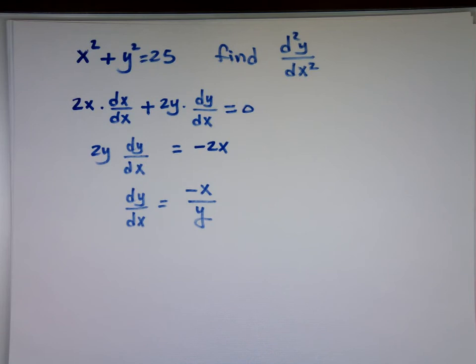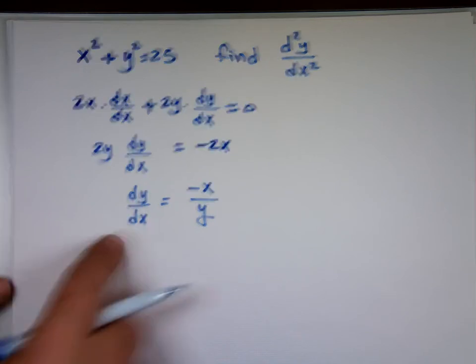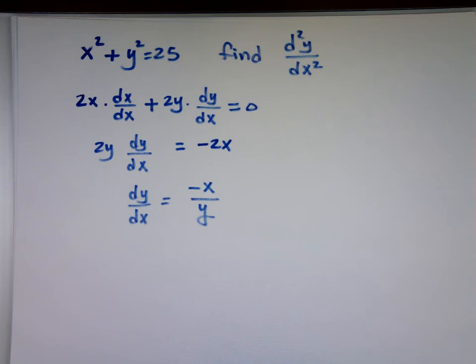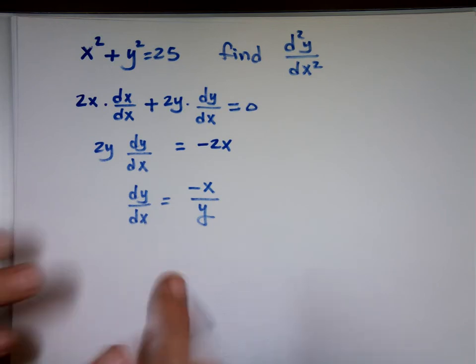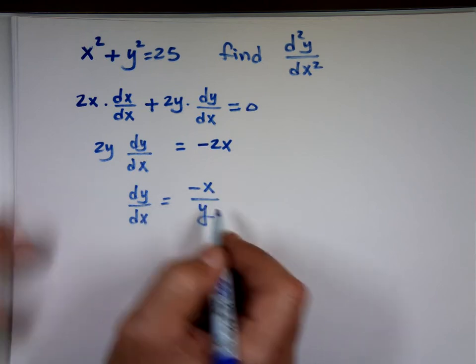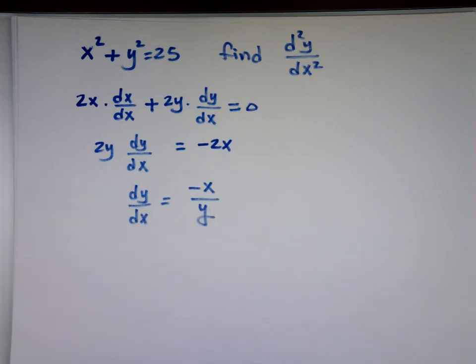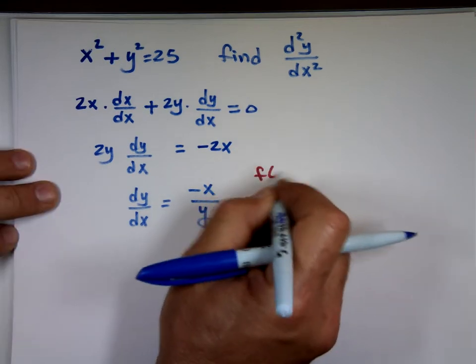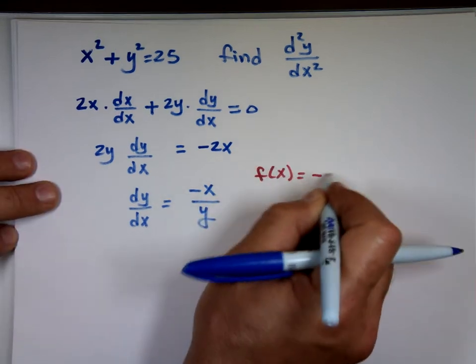Now we need the second derivative. That's the derivative of this. Well, what do you notice right here? What do you have? A fraction. So what rule should we use? Quotient rule. You can let f of x equal what? Negative x. And what's the derivative of that?